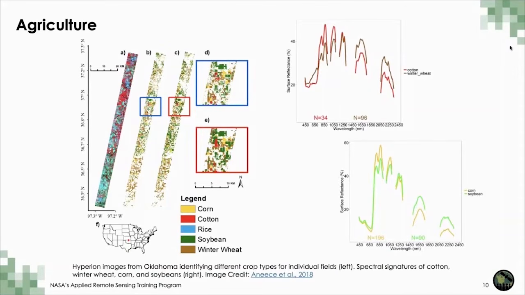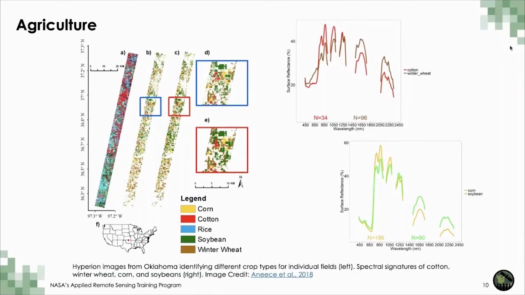You can also see the associated spectral signatures of a few of these crop types in the figures on the right to show how the researchers were able to distinguish these crop types based on the reflectance from the hyperspectral images. This research makes a significant contribution towards understanding, modeling, mapping, and monitoring agricultural crops using data from even upcoming hyperspectral satellites.